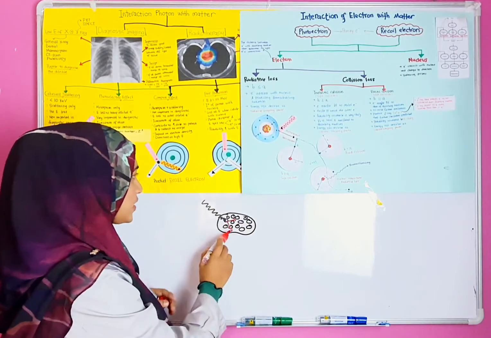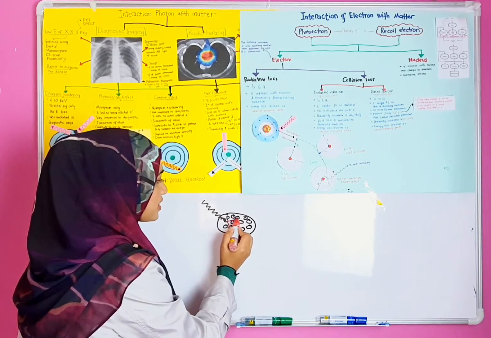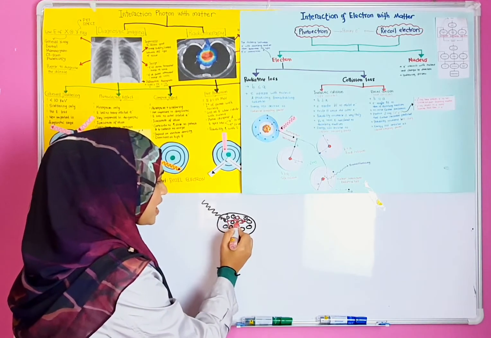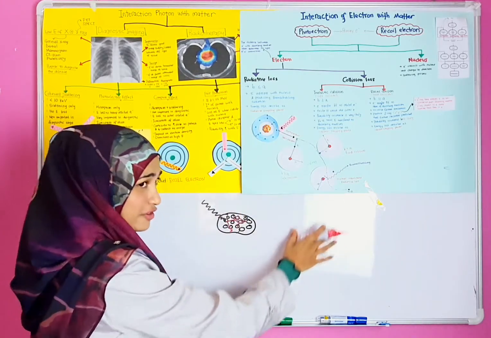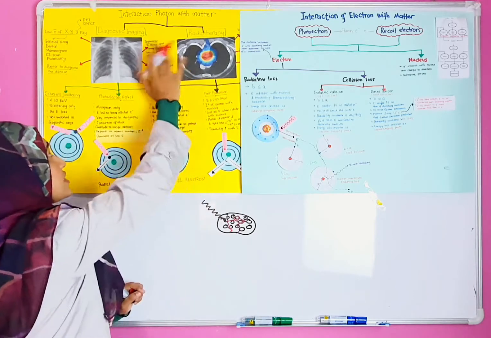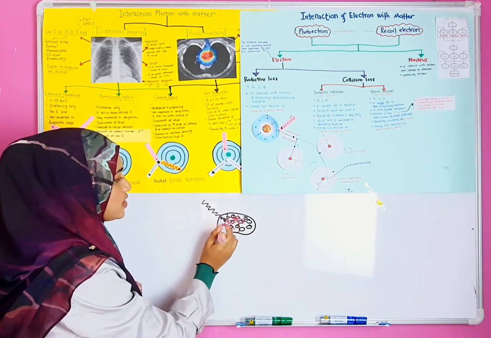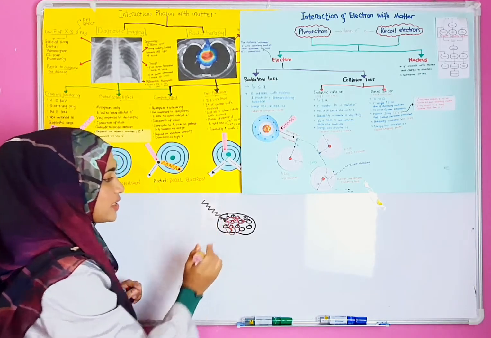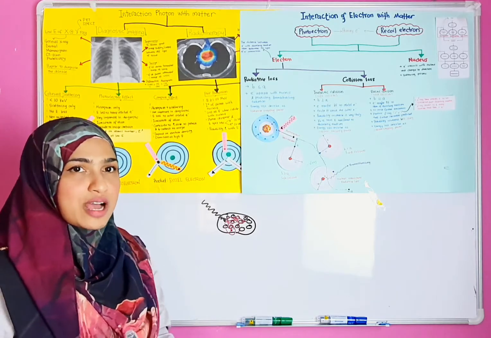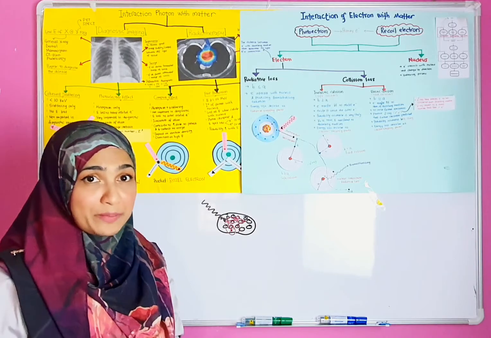Then these two electrons, either photoelectron or recoil electron, interact with other atoms, producing either electrons or Bremsstrahlung, which we are going to cover later on. So generally, the interaction of photon with matter is to produce these two electrons, because they are the ones that cause further interaction or deliver their energy to other absorbing mediums.